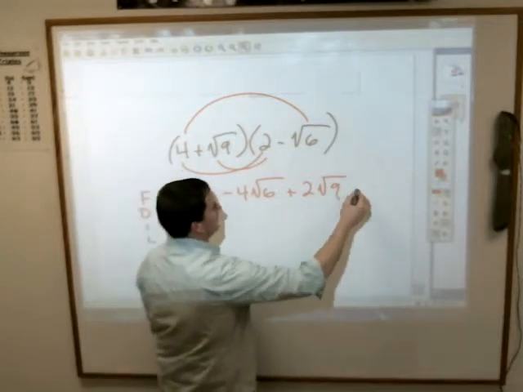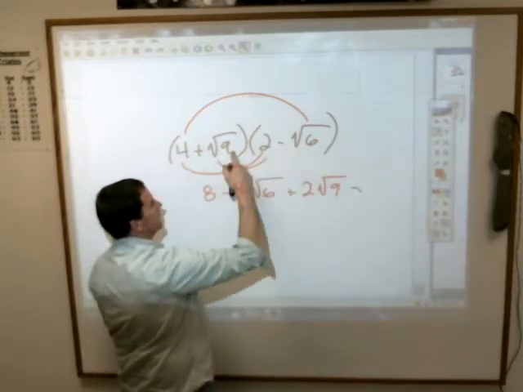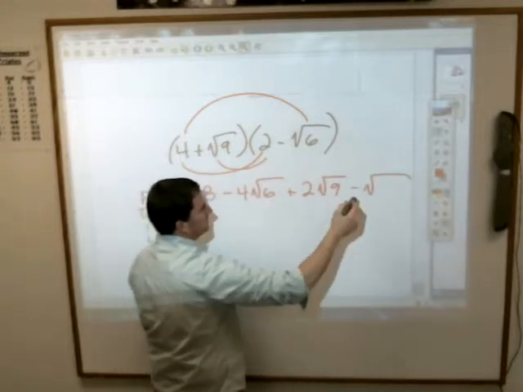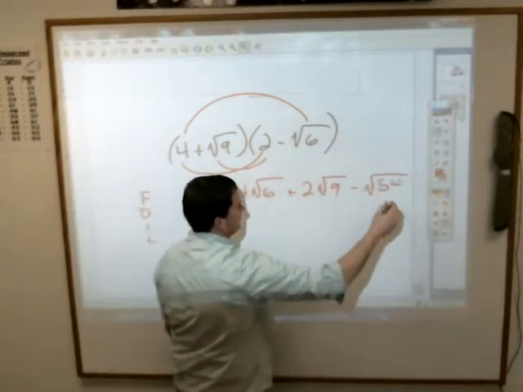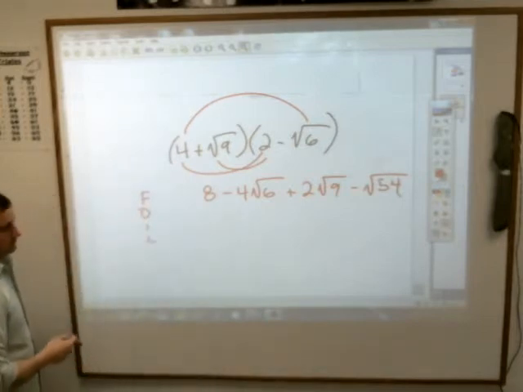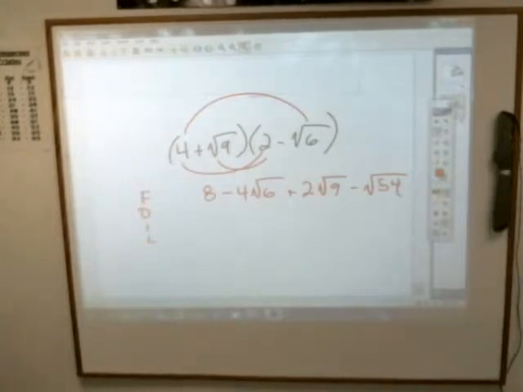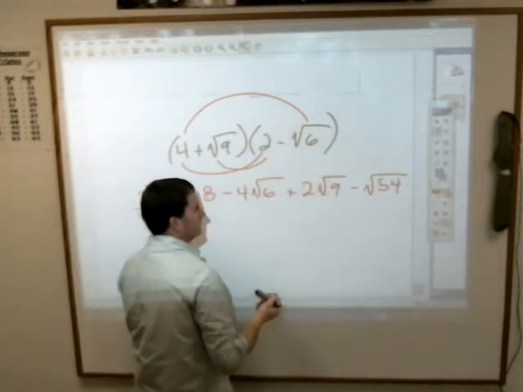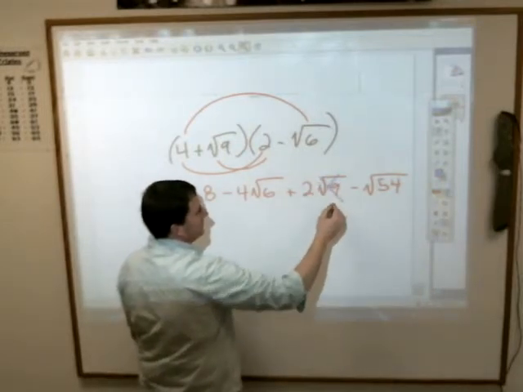And then the last thing, what would I get for the final term? The two last terms is the square root of 6 times 9, which is the square root of 54. Is there something we can do with that? Always something you can do with that. Kylie, how could you? Okay, square root of 9 is 3.